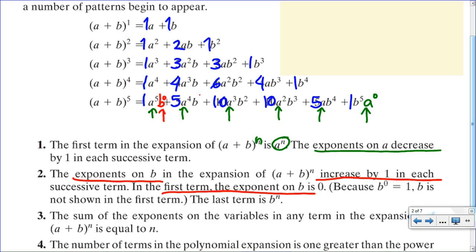So here we have B to the power 1, B to the power 2, B to the power 3, B to the power 4, and then B to the power 5. Okay? Did you guys get it? It's like a little pattern. So the exponents for the first term are going to start with a 5 and then decrease. The exponents for B are going to start with a 0 and then increase.